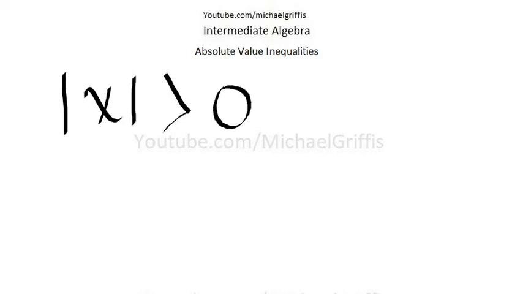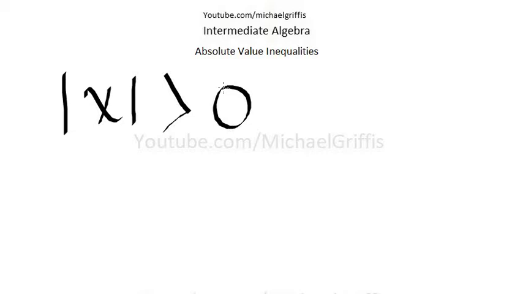Absolute value inequalities. Let's take a look. Let's say we have the absolute value of x is greater than 0. We worked inequalities in an earlier section right after linear equations, but this time they're absolute value.